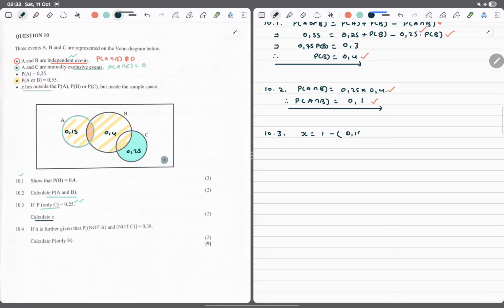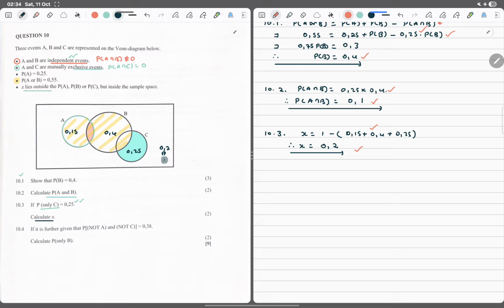So it's 0.15 plus 0.4 plus 0.25. Then we take that from 1, we get 0.2. This means X is 0.2. Okay, guys, using complementary events here, that's just the stuff.